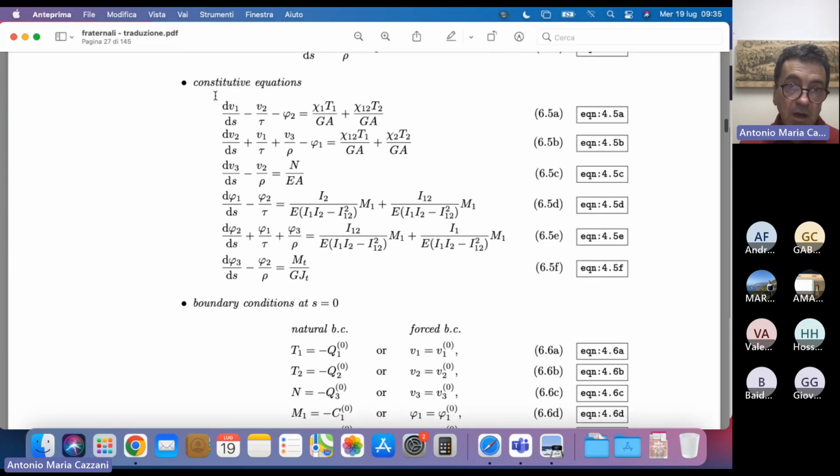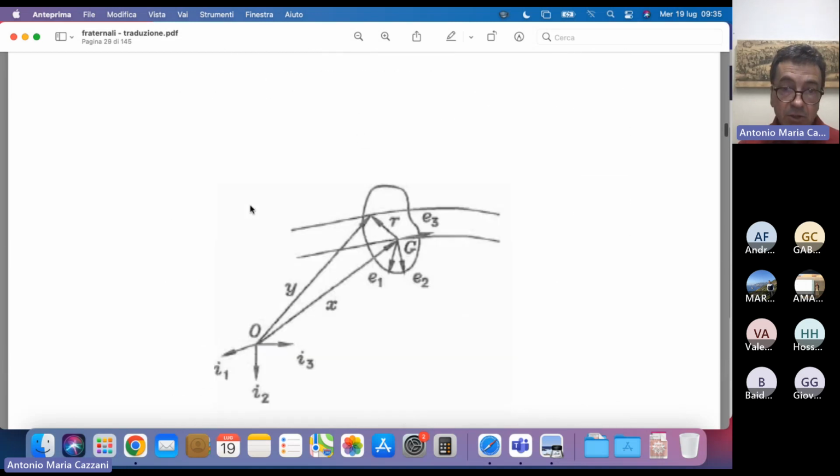If you look at the left-hand side here, and we select only the equations relevant to the second component, the normal direction, to the third component, the tangent direction, and to the fourth element, relevant to the angular moment, the compatibility condition in terms of the angular distortion, we get exactly these equations.